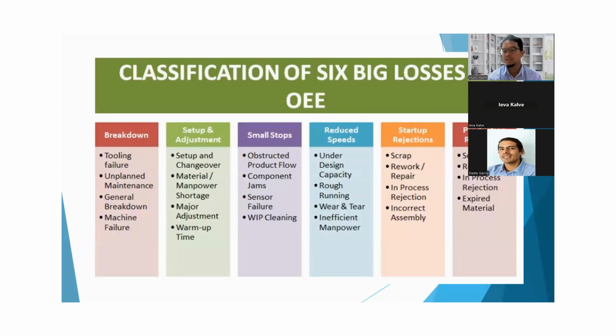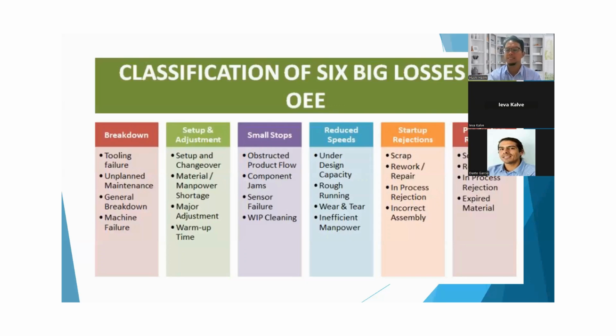Usually you capture this by the quantity that you are producing, or if you are doing it digitally, you can capture it from the system on the machine. Let's say you can capture it from your PLC system, so you can see how much speed you can capture. And then of course the scrap, and then the rejects. So that's what the events look like for these big losses or wastages.